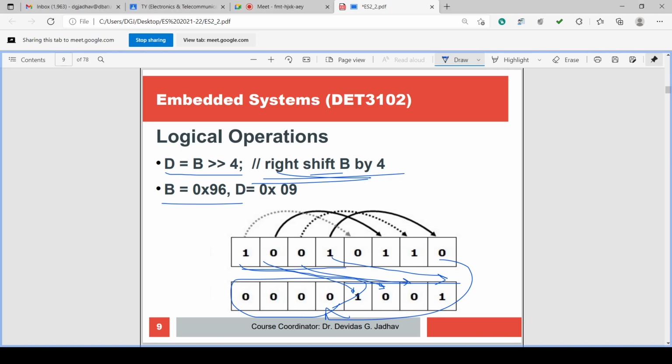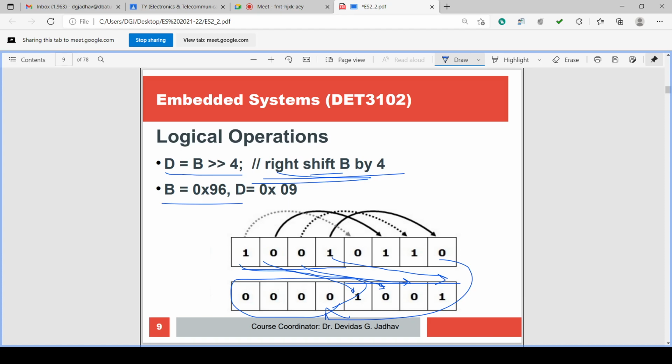What is the shifting operation? It shifts the bits in the specified direction, either right side or left side, by the number of places mentioned, whether 4 times, 2 times, 3 times, or 1 time. So a left shift number or right shift number will shift in that particular direction.